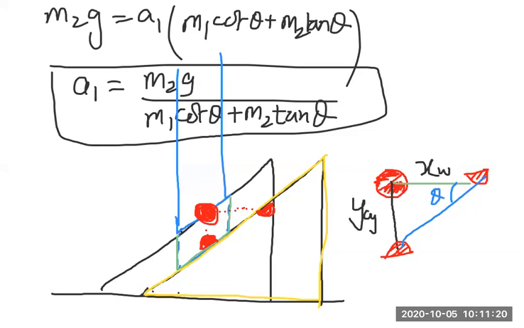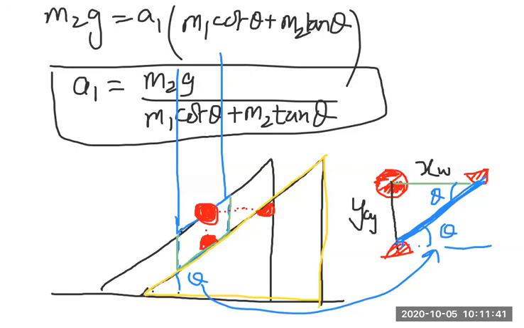How do I know this? Well, this blue line, the hypotenuse of this right angle triangle, must be along the surface of the wedge. And I know that the wedge is making an angle of theta with the horizontal. This angle theta.